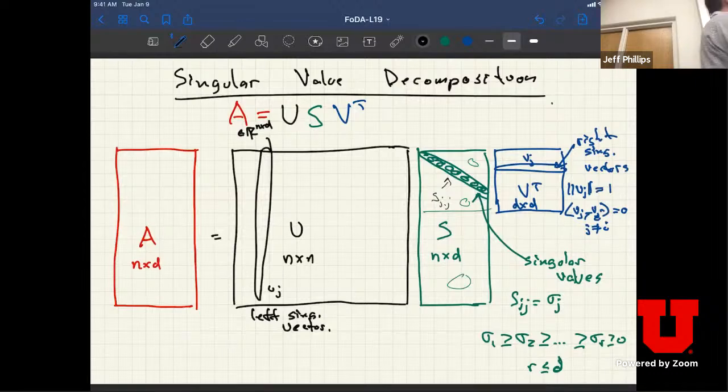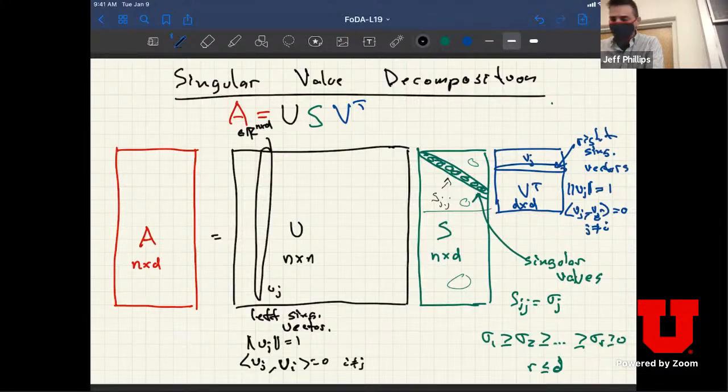Although you can look at the analysis of the transpose of A, and then the left singular vectors become more interesting. It's just a matter of perspective. So this is more shape and notation. What is the output of the singular value decomposition? It gives you back these three matrices, and if I multiply them back together, I should recover A. These left singular vectors are also orthogonal, so the norm of Uj is 1, and Uj dot Ui is 0 for i not equal to j.